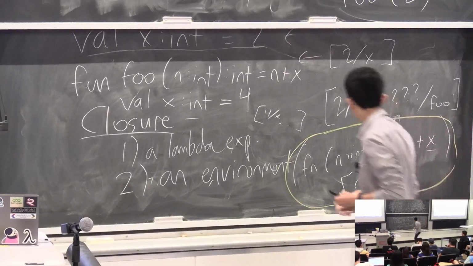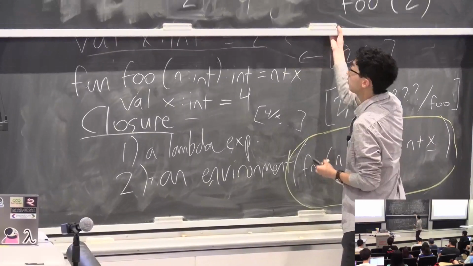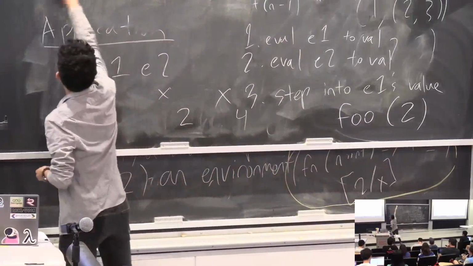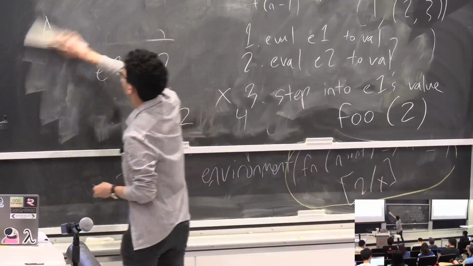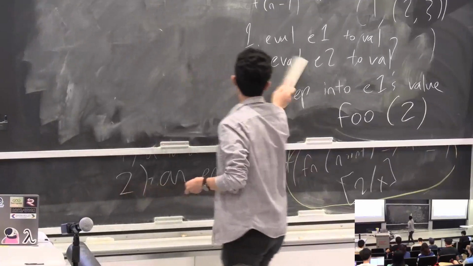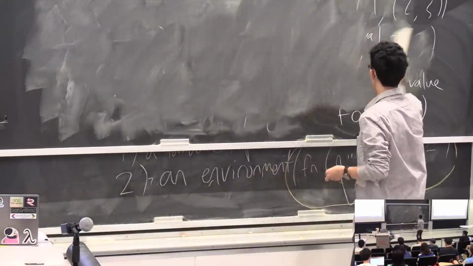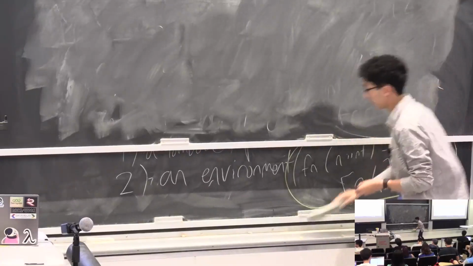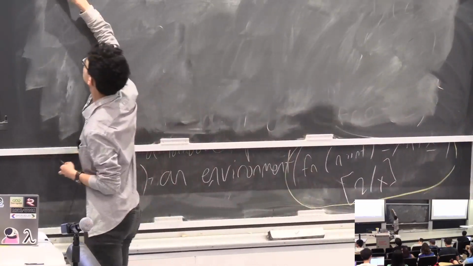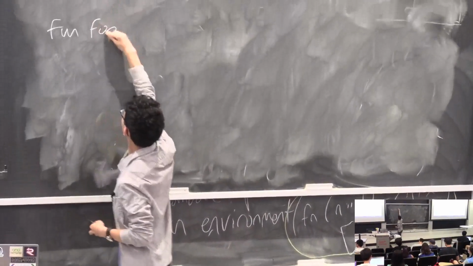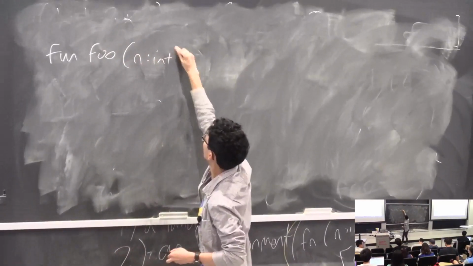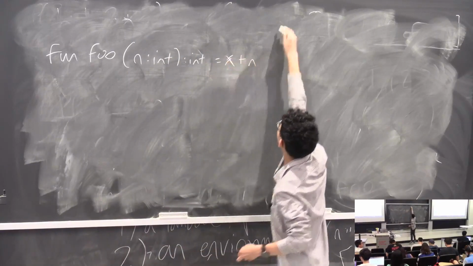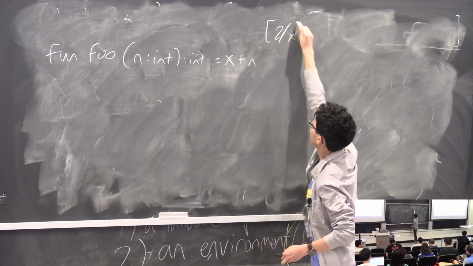Yes. So let me try to write this out with more space. You're correct that when I declare the function foo, I have to have x defined, right? I can't use x if it's not there. But later on, there are two different concepts of x. So I do fun foo n colon int equals x plus n, right? And I already had here a binding of 2 to x. I'm not going to rewrite it.